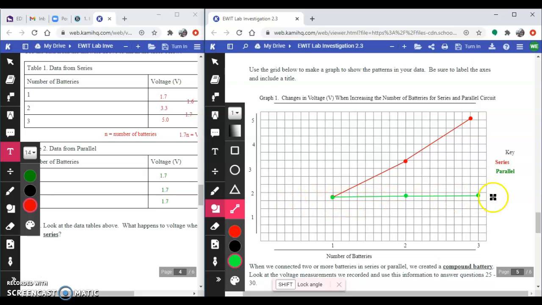So a horizontal line is saying that it stays the same. There's no slope, so really the slope is 0, so it's not increasing. So your graphing line is going to be horizontal, so you're not changing anything there.